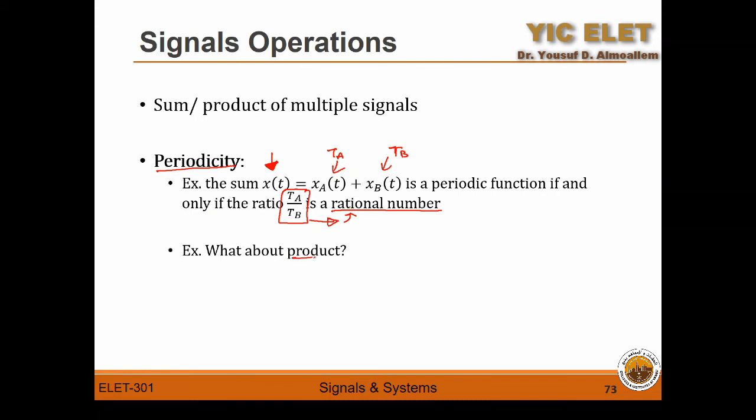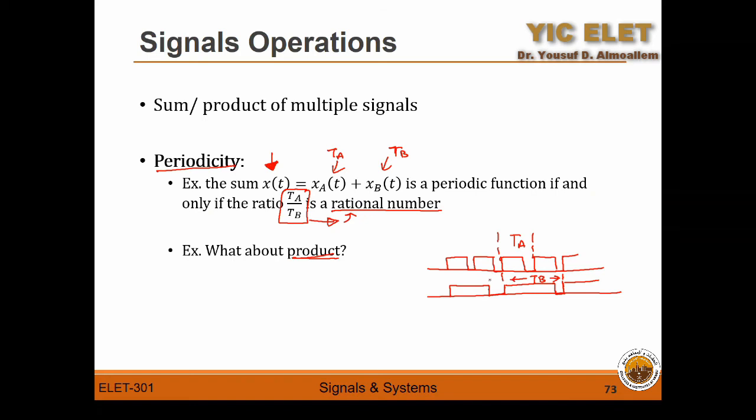And what about the product? Let's think about it. If we have a signal repeating in a certain way, and then we have another signal repeating in a different pattern, let's consider this is TA, and this is the TB period.